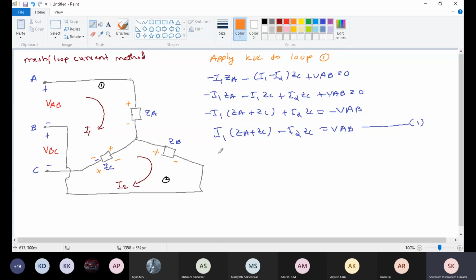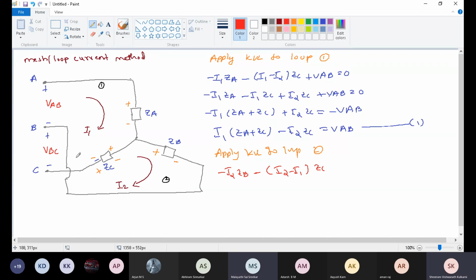Now same, apply KVL to loop 2. This loop 2. Yeah, tell me. Minus I2 ZB, then minus (I2 minus I1) ZC, then VBC. VBC, sir.